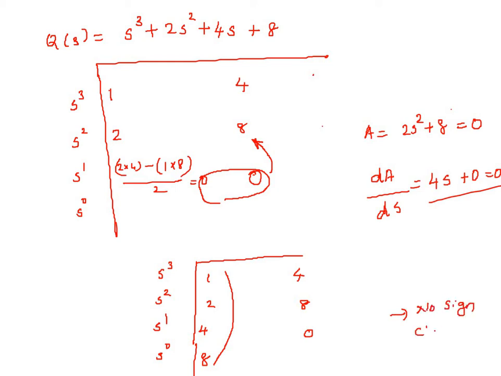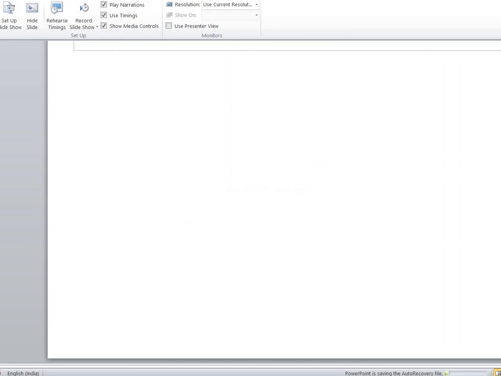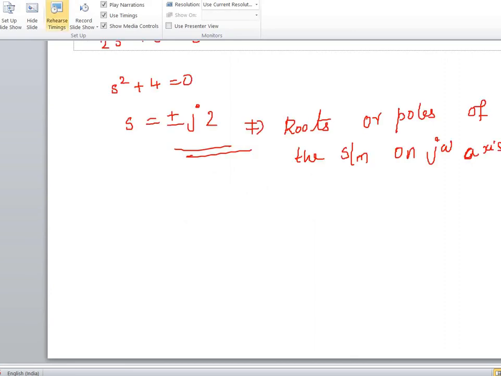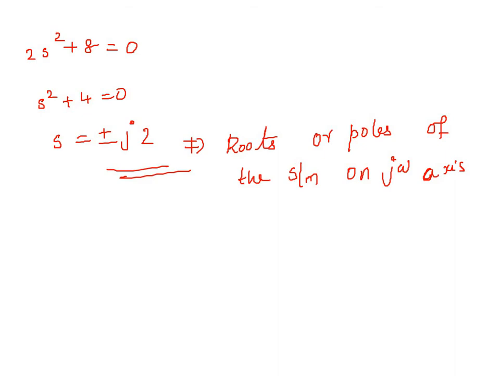In this first column there is no sign change, but two roots are lying on the imaginary axis and the other one root is lying in the LHS.